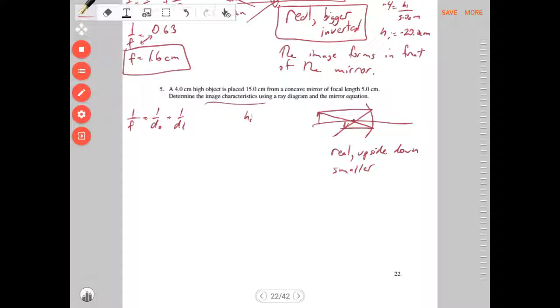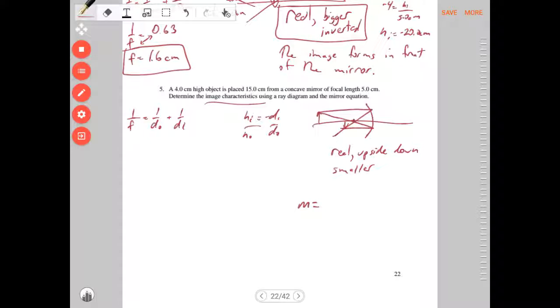And then we go HI over HO. I know the HO, and I'm going to know the DI and the DO, so I have to figure out the image height, the HI, and I will also have to figure out the magnification. That is just the wording of the question, so you will have to do that too.